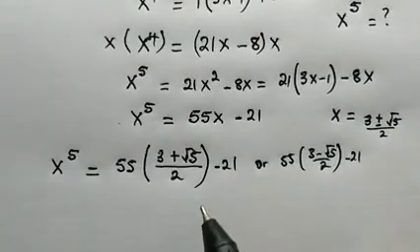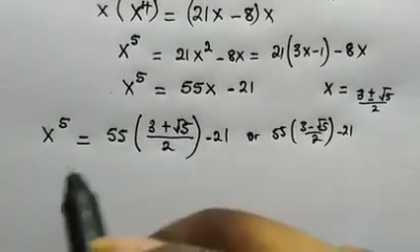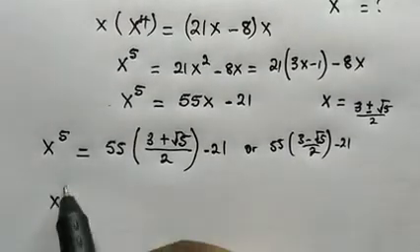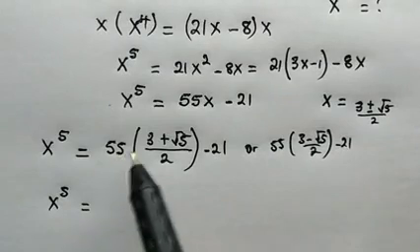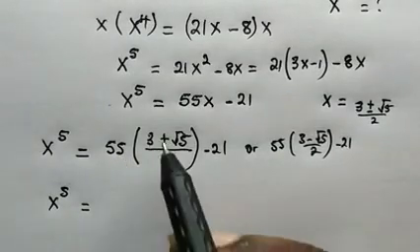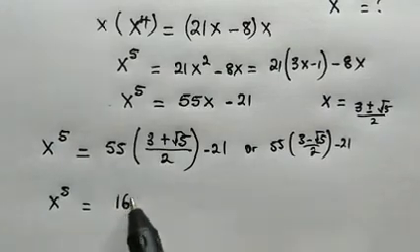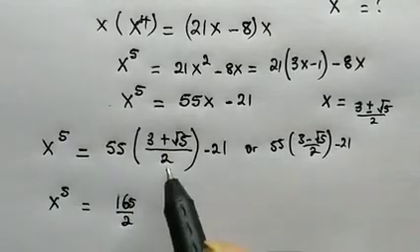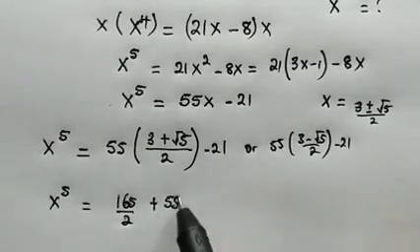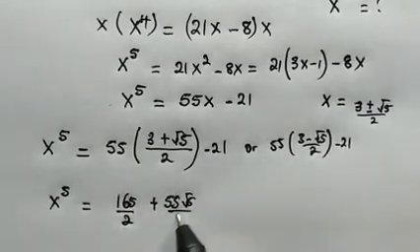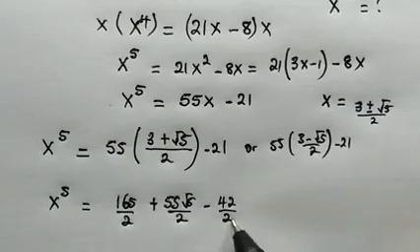Okay, so from here we have x to the power of 5 is equal to 55 times 3, which will give us 165. Remember, we have 2 as a denominator. Then we have plus 55 root 5 divided by 2, and minus 21 is the same as 42 divided by 2.